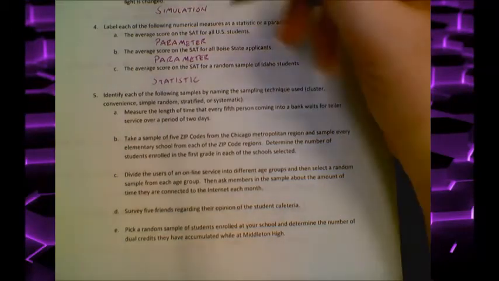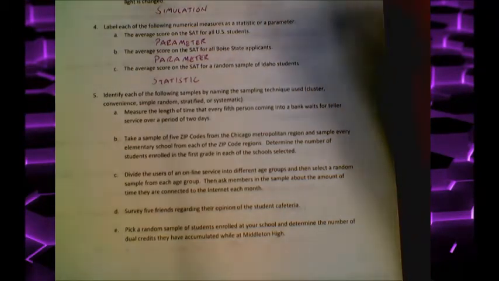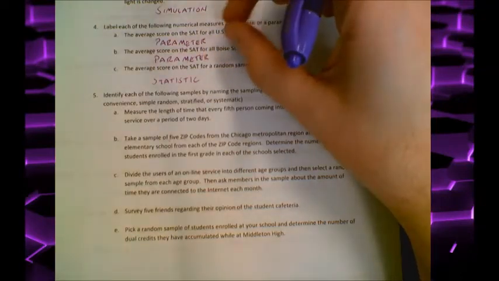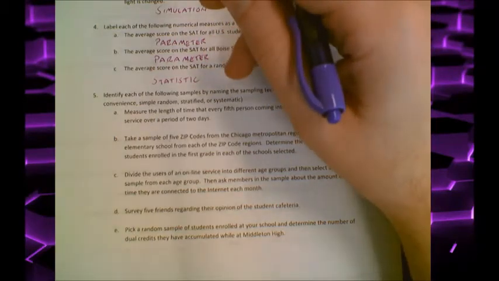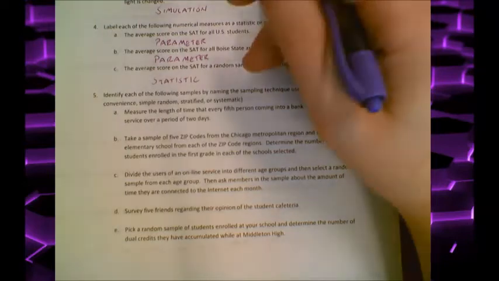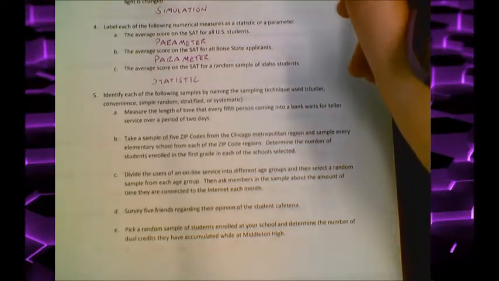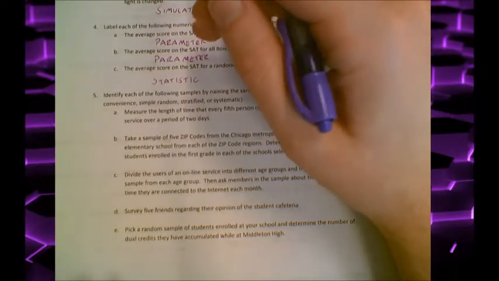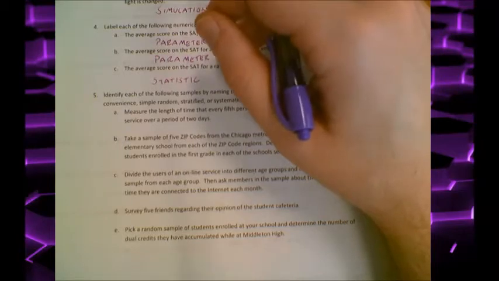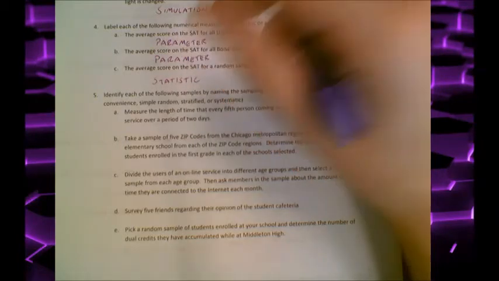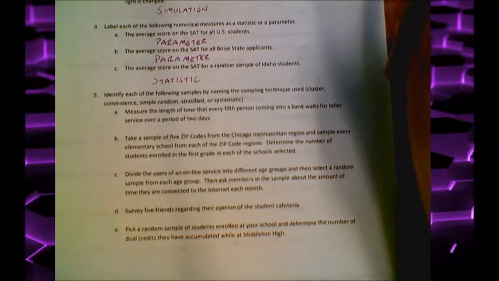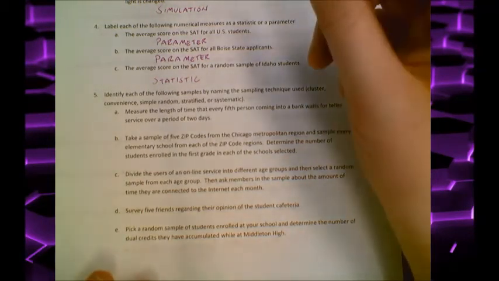And then systematic is when you find one place to start randomly, and then go every few from that point on. So I'm going to measure every fifth or every sixth or every seventh piece of data that I get from that point on.